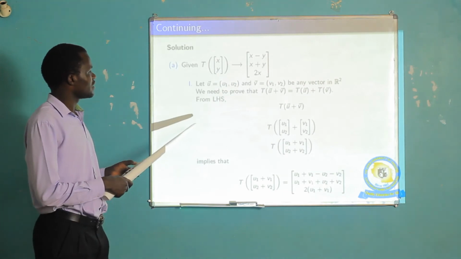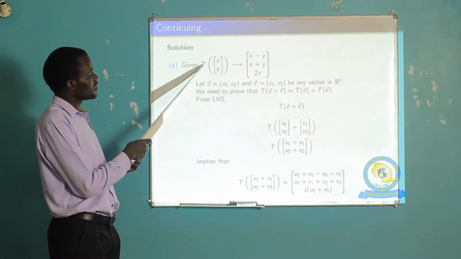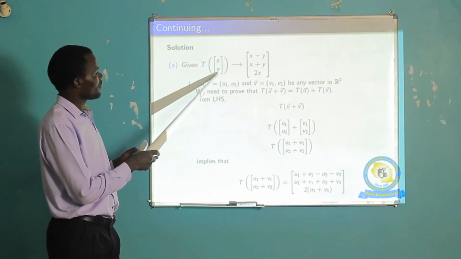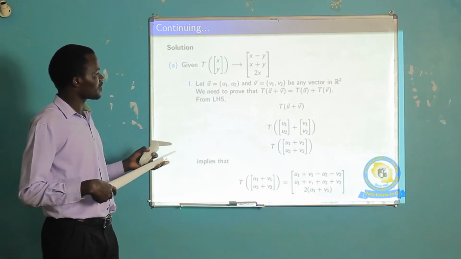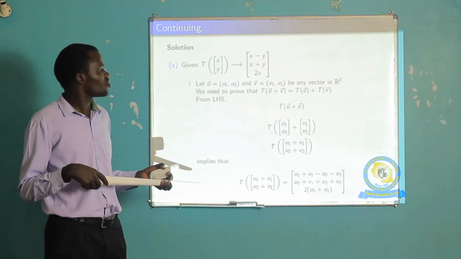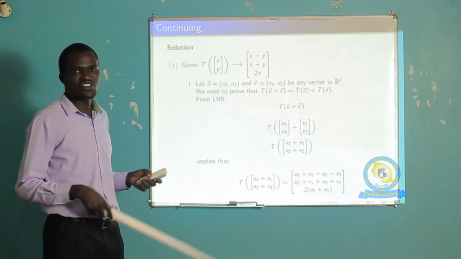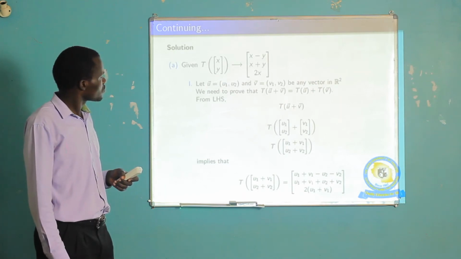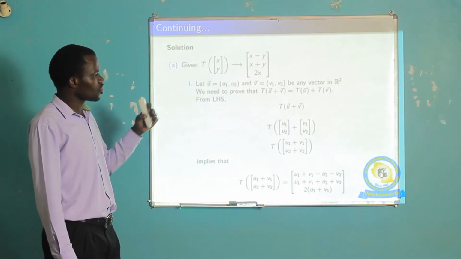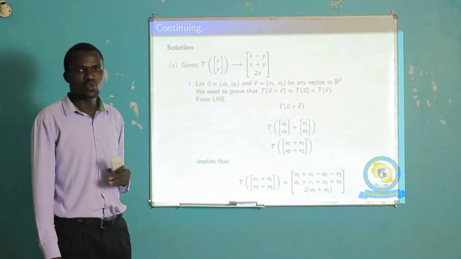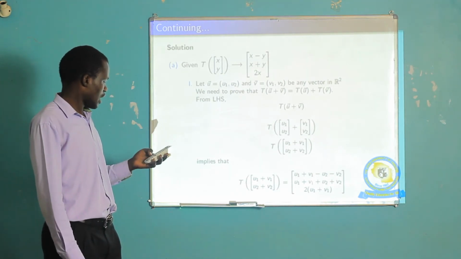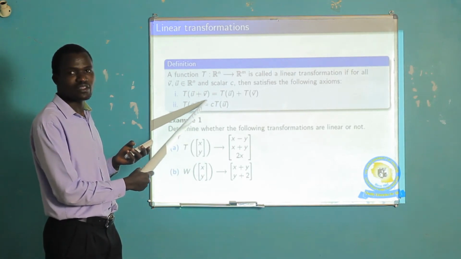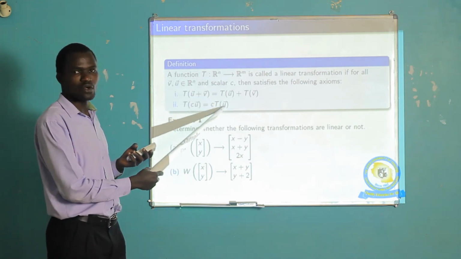And remember that this function, I mean this T, is mapping from the set of vectors in R2 space to the set of vectors in R3 space. So to show this, we first have to take two vectors, because from the definition we need just two vectors to show these axioms are satisfied.